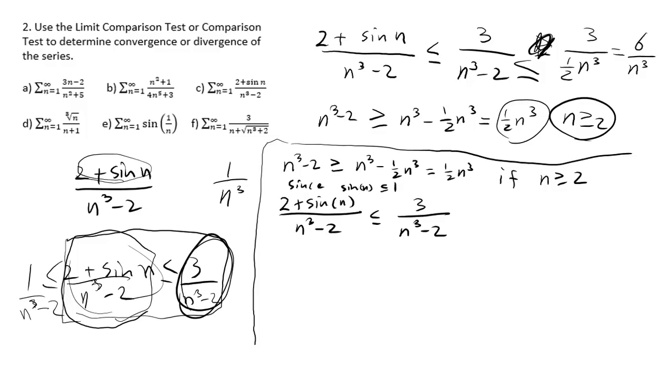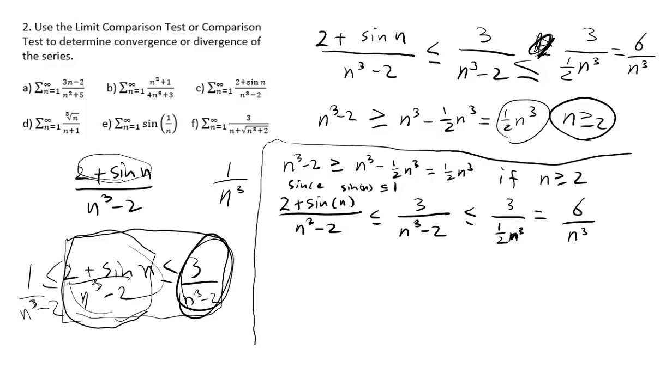And then from above, since n cubed minus 2 is greater than or equal to 1/2 n cubed, and when you decrease the denominator, you end up with an overall increase in the fraction. If you decrease the denominator, the overall value will be bigger. And then you can simplify this by multiplying 2 top and bottom to give you 6 over n cubed.